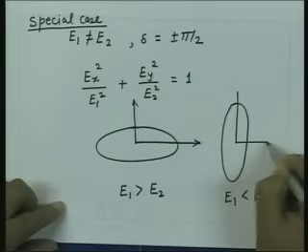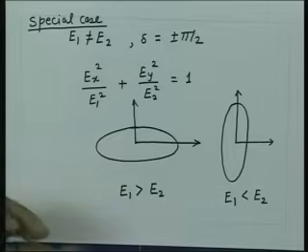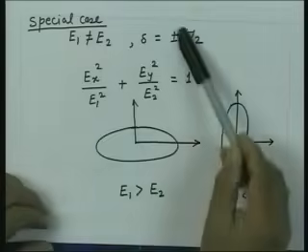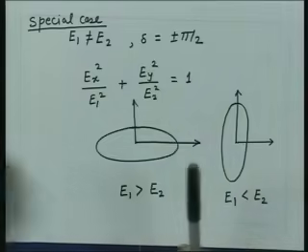So, a special case for the elliptical polarization where the major and minor axis of the ellipse are oriented along the coordinate axis will correspond to delta as plus minus pi by 2. And again, plus minus will refer to whether the rotation is left-handed or right-handed.